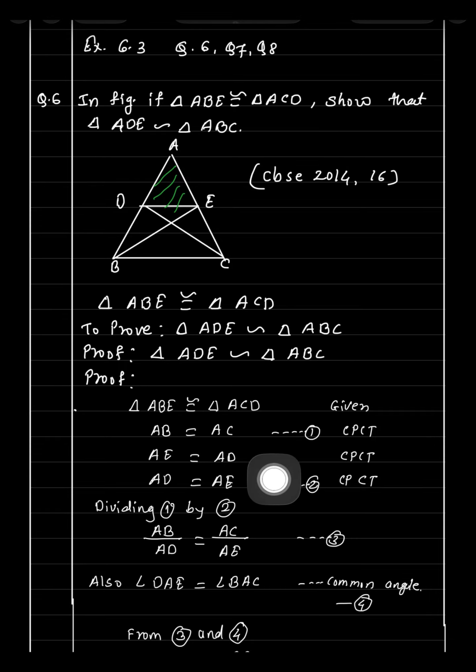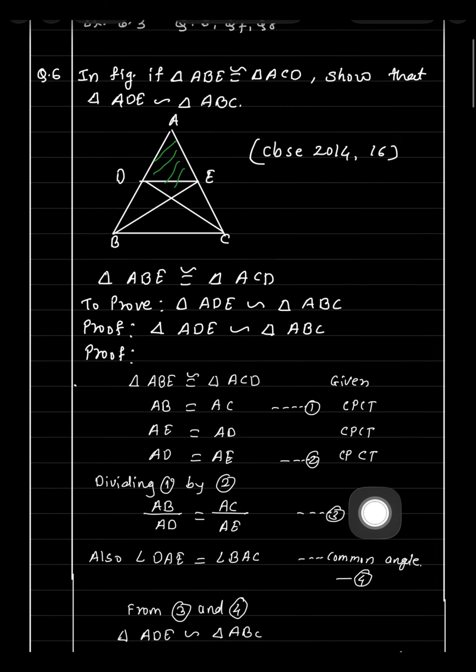So AB equal to AC is the first equation we'll write, by CPCT. CPCT means corresponding parts of congruent triangles. AB and AC are corresponding sides of the congruent triangles, so they are equal. Then another: AE equal to AD, and AD equal to AE, by CPCT.